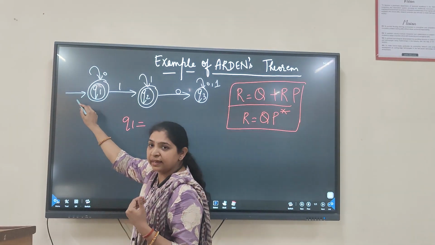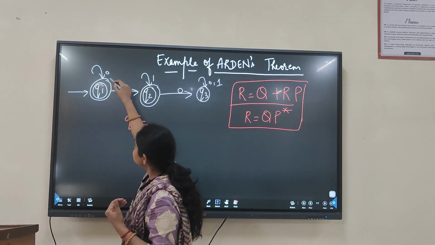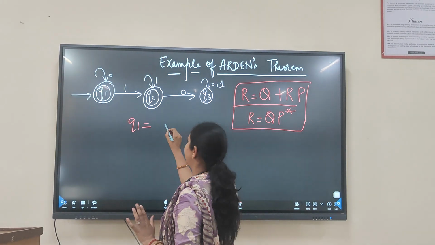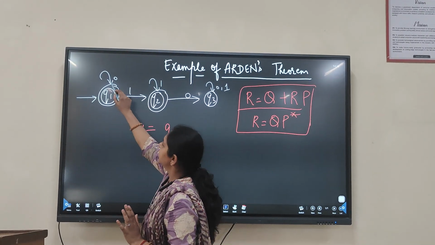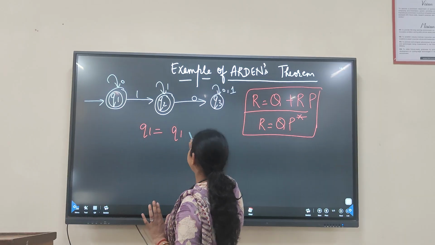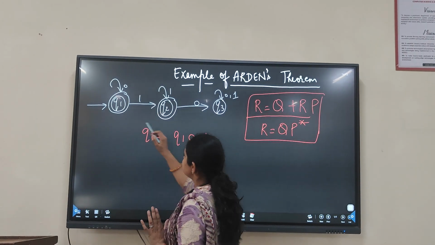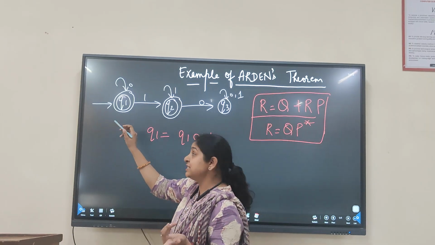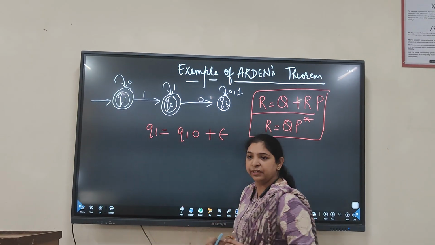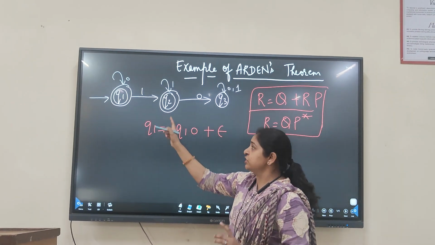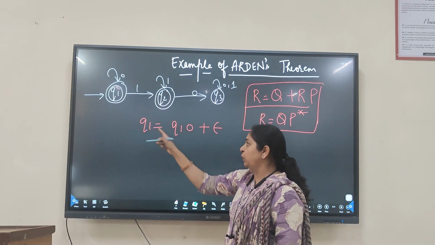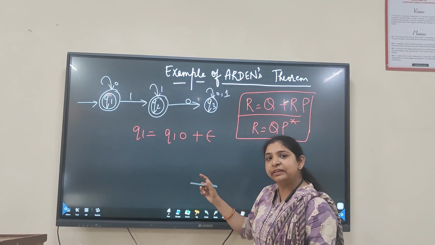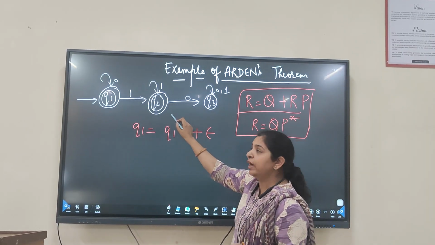One is the incoming arrow with the symbol 0, so the equation is written as Q1 0 plus, for the initial state, you have to write epsilon. So the first equation for state Q1 is Q1 is equal to Q1 0 plus epsilon.